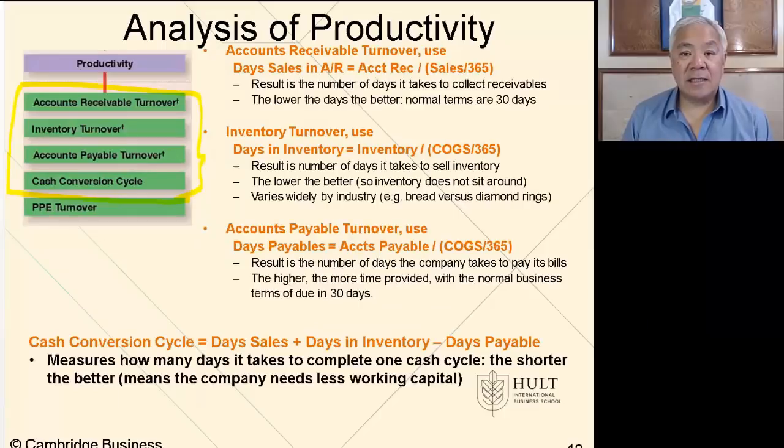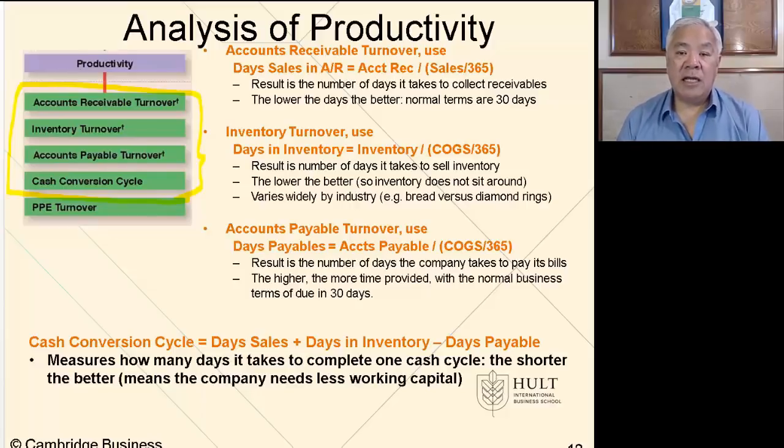All right. The next area of green, which was in the middle of that chart, is productivity. And we're going to first look at the first four green boxes, which all measure how well we run our normal business operations. And we call this the cash conversion cycle, and it includes three items.